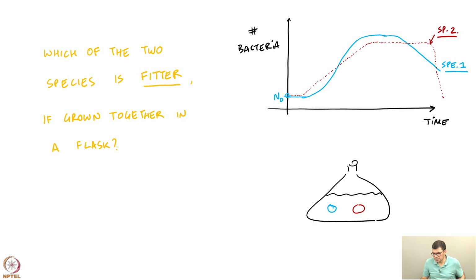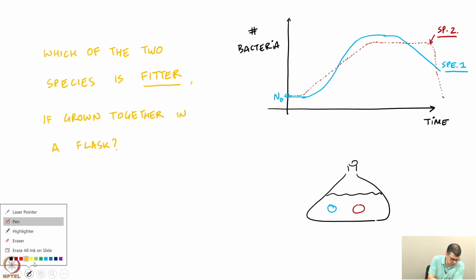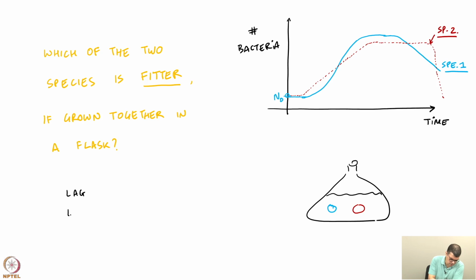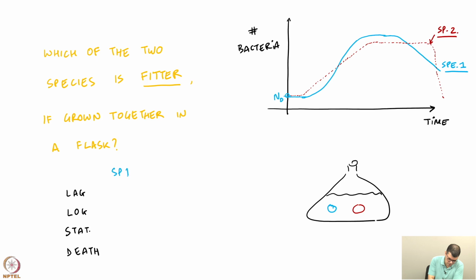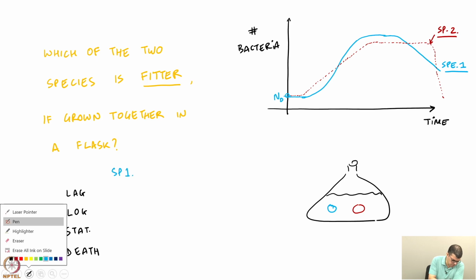And as we can see, the answer to this question is not as straightforward as it might appear. If we compare their characteristics in the growth phases, so we have lag, log, stationary and death phase, we have species 1 and we have species 2.